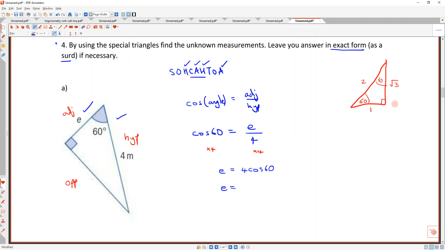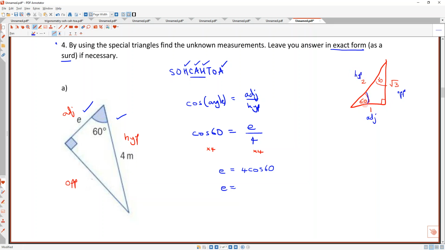So looking at our special triangle that you needed to remember, or you could just remember what cos 60 is equal to. Cos of 60 is equal to, well, cos is adjacent, so this is my adjacent, this is my opposite, this is my hypotenuse.